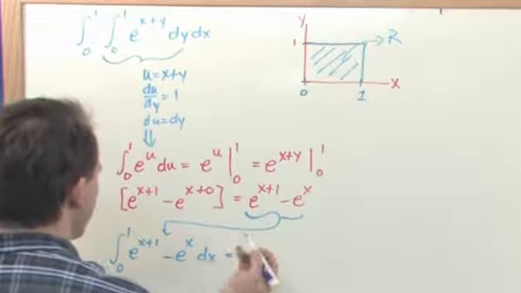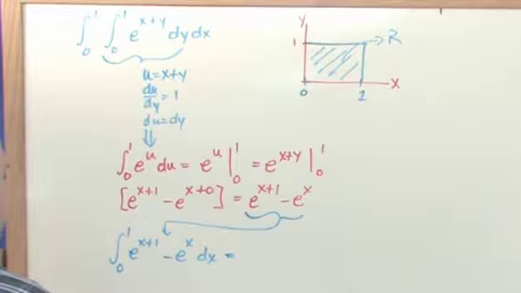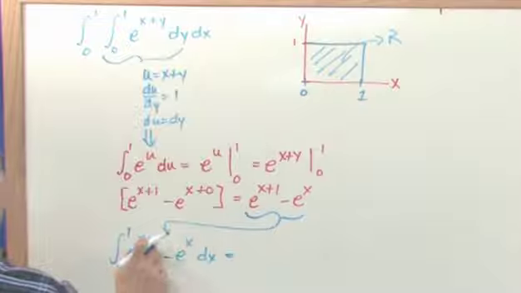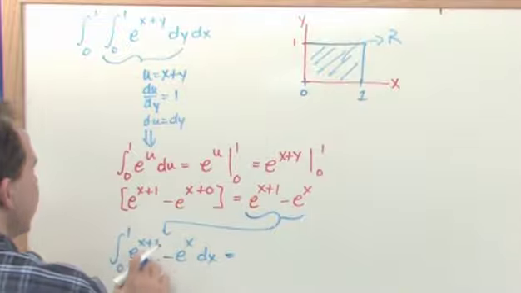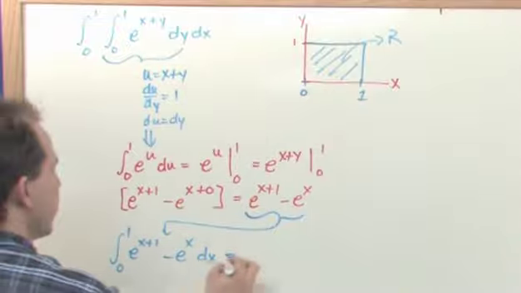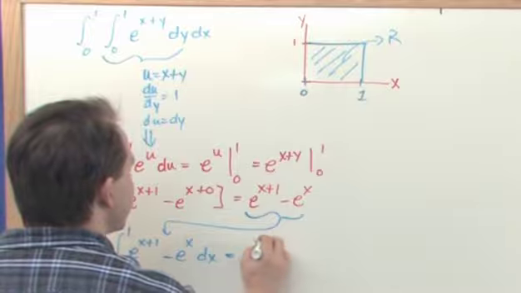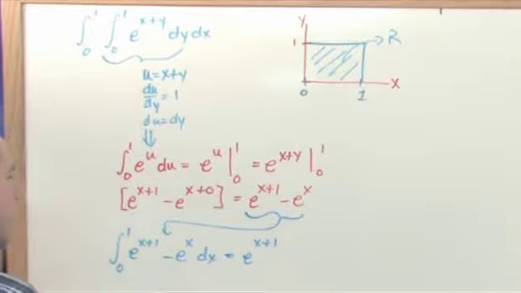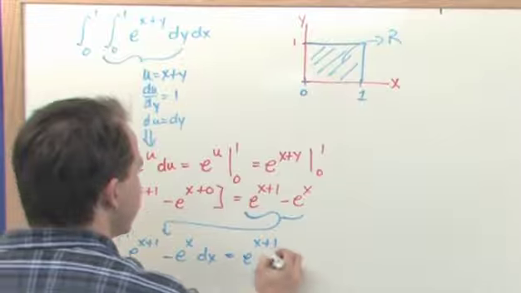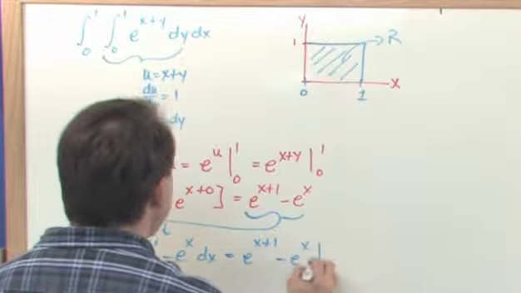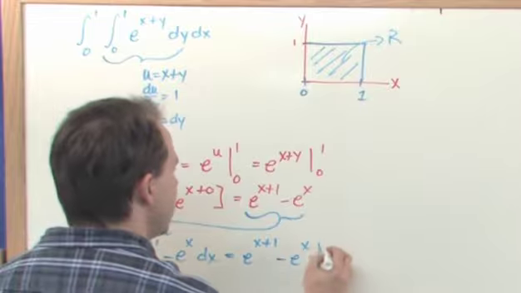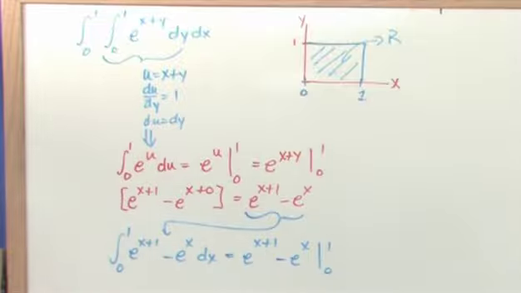Now it becomes a regular old integral. I know that the integral of e to the x plus 1 is simply e to the x plus 1. That's the answer to that integral. And the integral of e to the x is just e to the x, and I can evaluate it from 0 to 1. So I just integrated both of them.